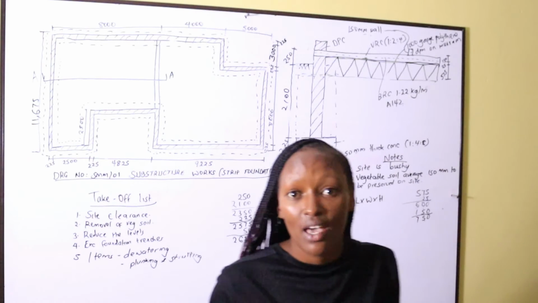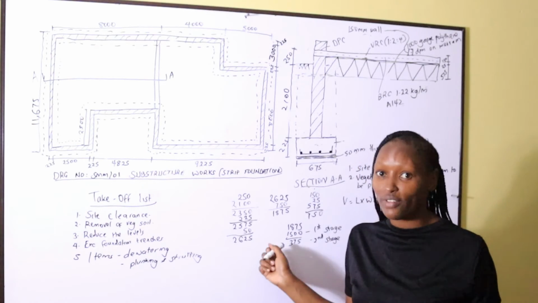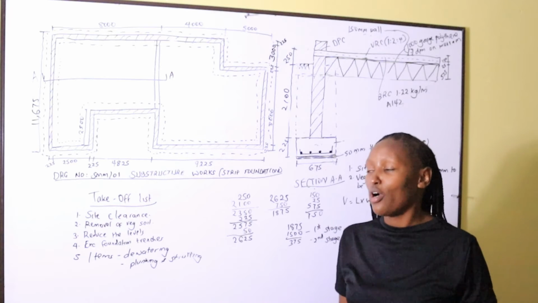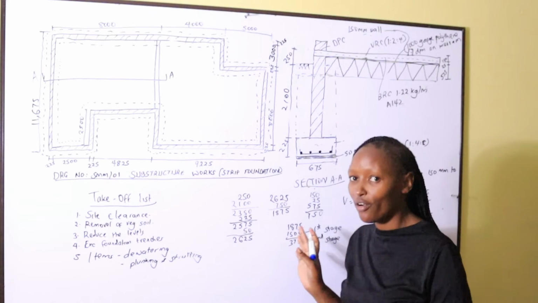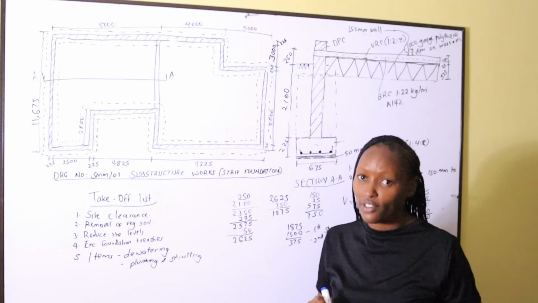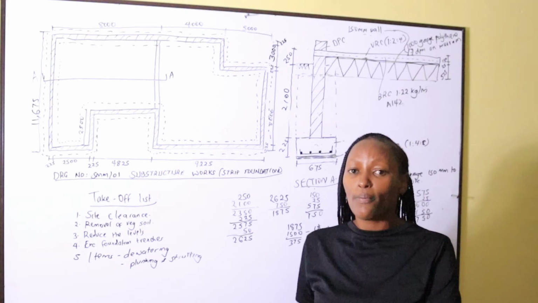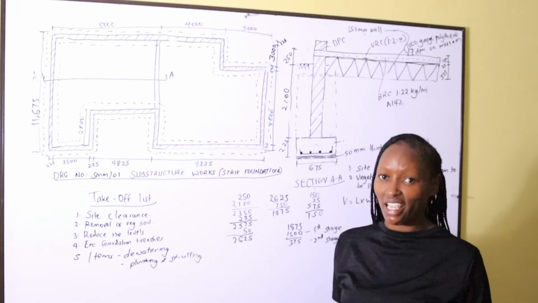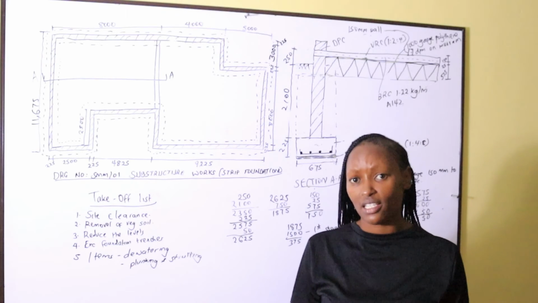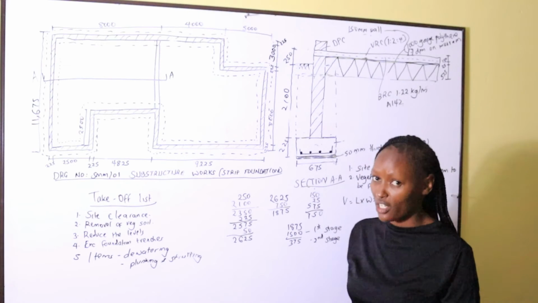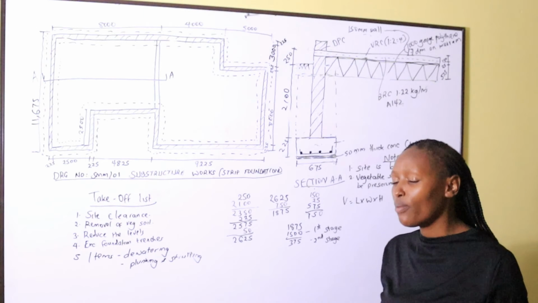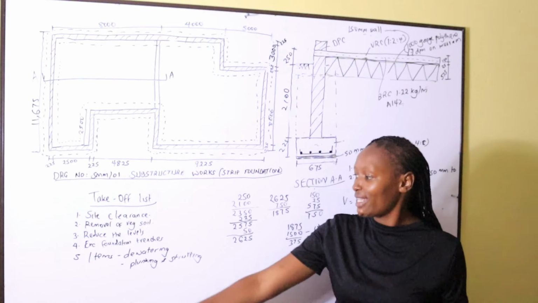You shall see I have done a full takeoff of this one in the book. So once I have introduced this takeoff, kindly check out our next video. I have done a detailed takeoff from the beginning to the end, measuring and booking all those dimensions in the takeoff sheet. So this is the introduction video, but by the time you go through it, you shall see items.